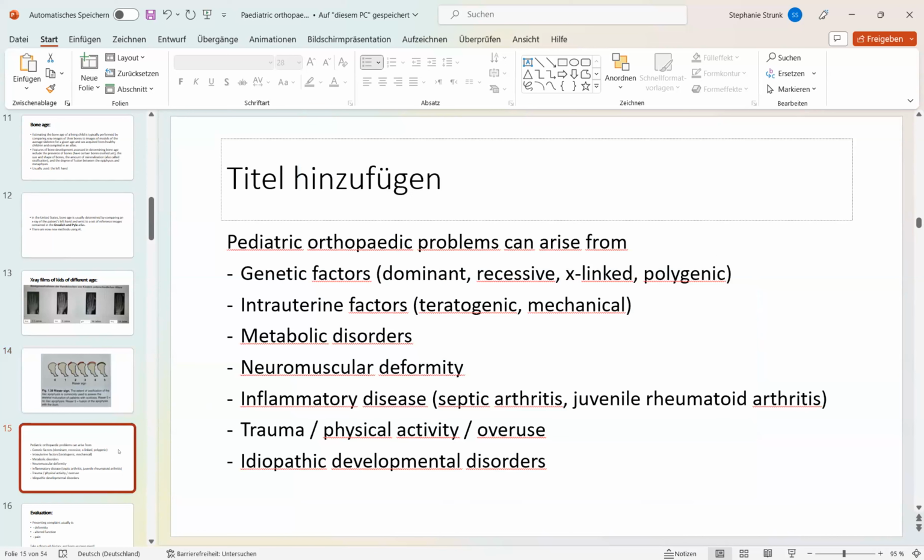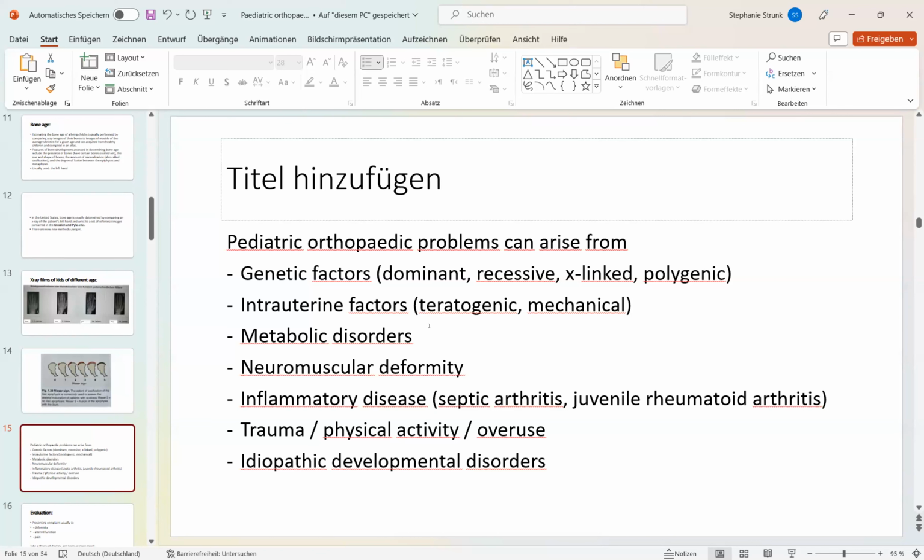So pediatric orthopedic problems can arise from several things. First, they can arise from genetic factors, dominant or recessive or X chromosome linked or polygenic. They can arise from intrauterine factors, teratogenic, like mommy was smoking, for example, or mechanical. Maybe the umbilical cord was wrapped around extremities, for example.